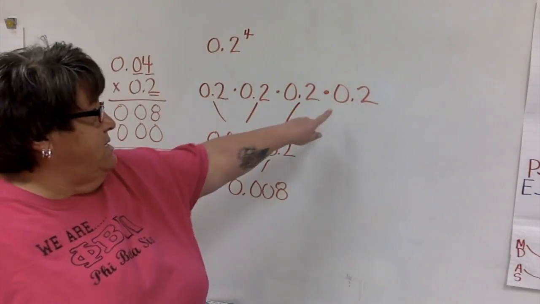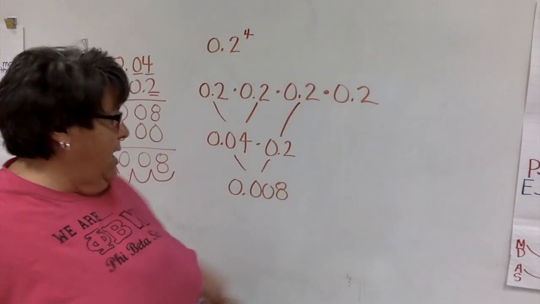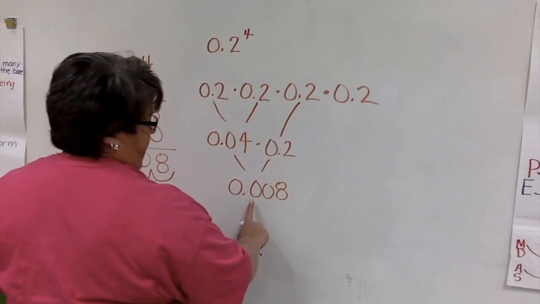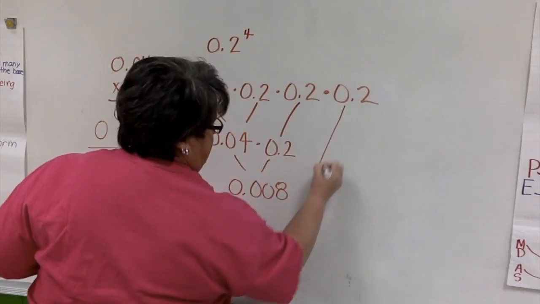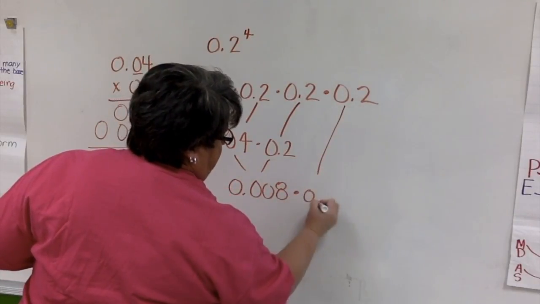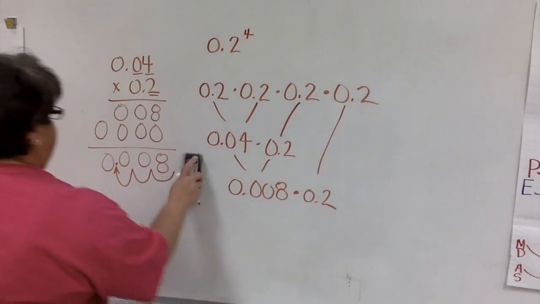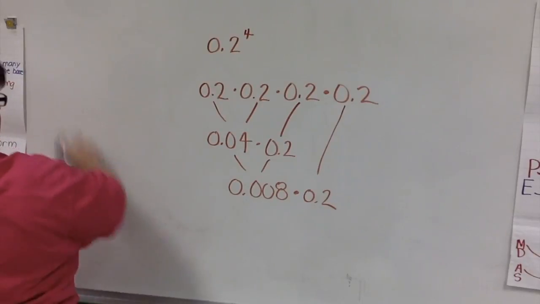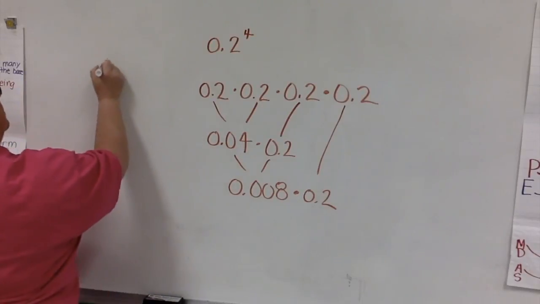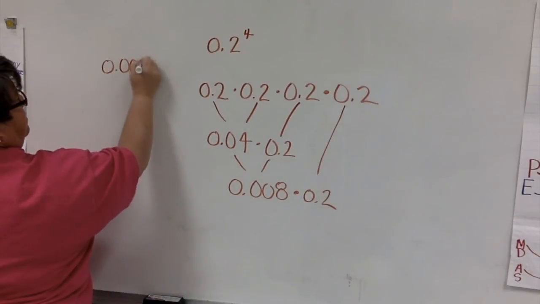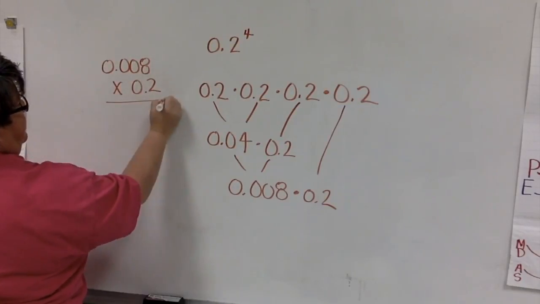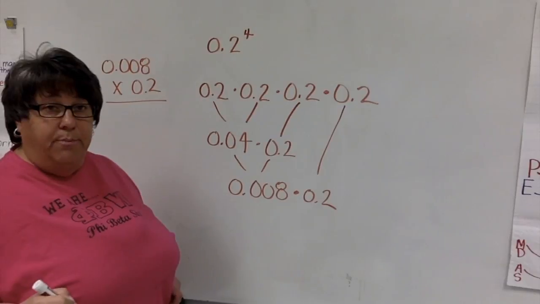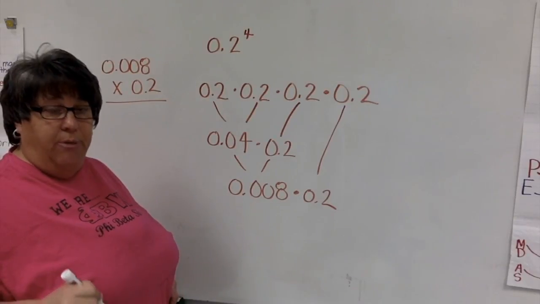No. I still have one more number to multiply. So 0 and 8 thousandths times this 0.2. So let's set up my problem. Okay, again, I don't have to line up the decimals when I multiply with decimals.